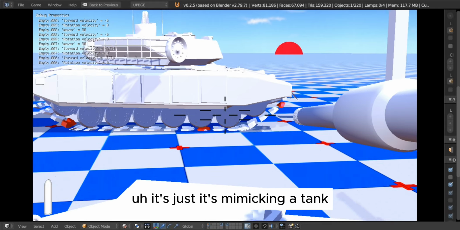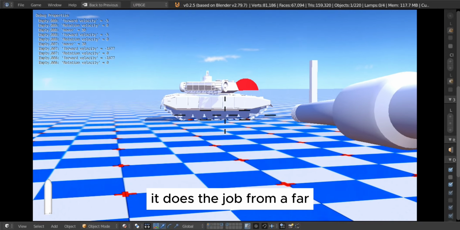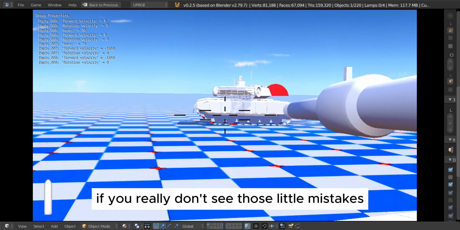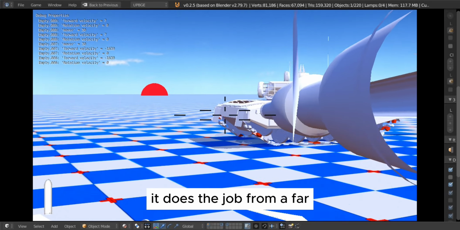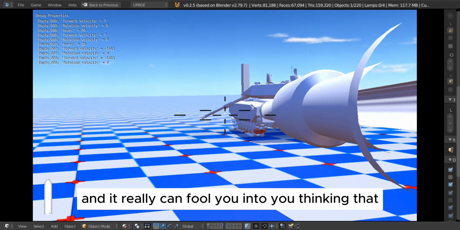It's not really a real tank, but it does the job. It does the job from afar. If you really don't see those little mistakes, it really can fool you into thinking that you're playing with a real tank, right? I missed. Anyway, that's that.